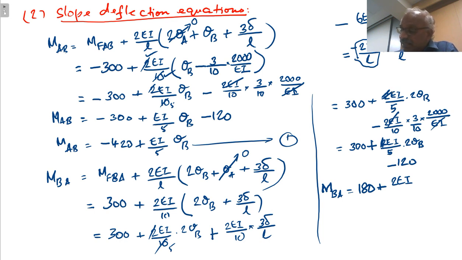So this is a mistake we have made. We have to be very careful at this point, otherwise that will lead to confusion. So we have only EI by 5. I repeat, this is 2 by 10, so 2 by 10 is 1 by 5 into 2 theta B. Again by mistake I have written 2 here. Now I have cancelled: EI by 5 into 2 theta B only. So 2EI by 5 into theta B, where the 2 I have brought to the front.